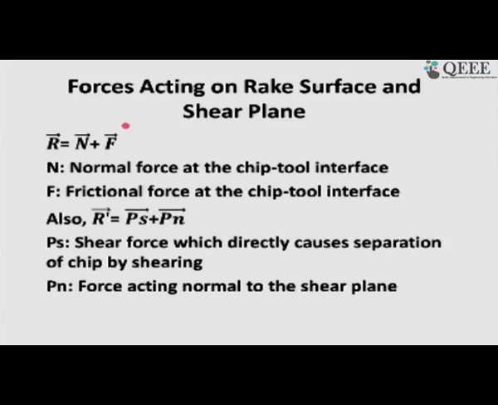Frictional force at the chip tool interface, obviously that is there, and then R dash means Ps plus Pn, shear force which directly causes separation of the chip by shearing, that is the Ps, and Pn force acting normal to the shear plane. So, this has been already illustrated in this sketch. Now, we go to the next slide.